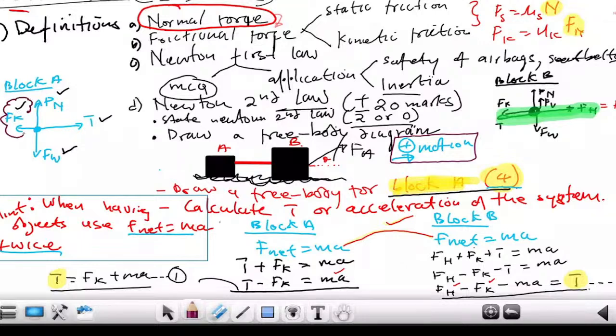Because it is in the opposite direction to my choice of direction. I chose that everything moving to the right must be positive, so everything moving to the left must be negative.